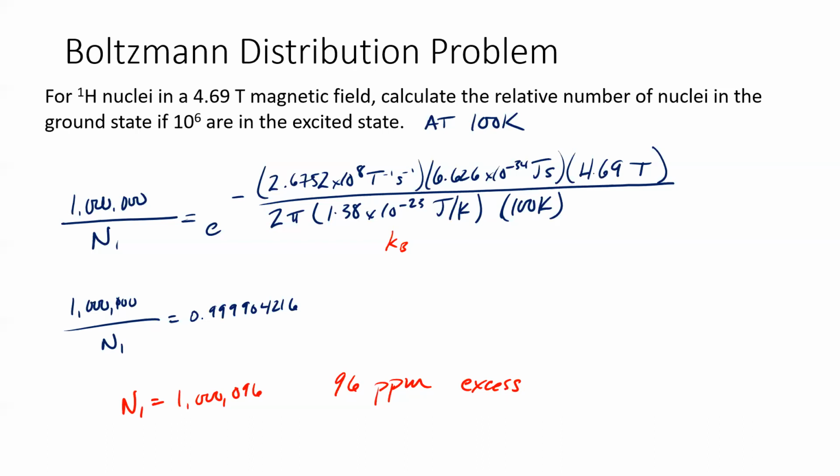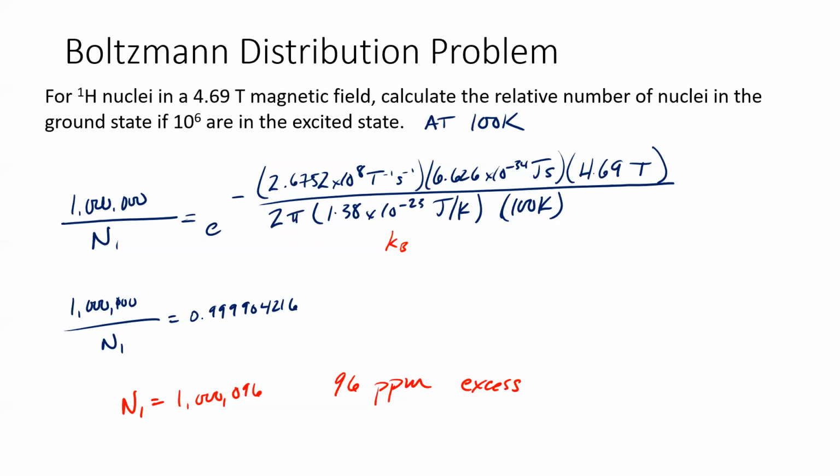And so the most that we can excite from one state to another is half of that difference. So if we have a 96 ppm excess, really we can only excite 48 nuclei out of every million to the excited state.